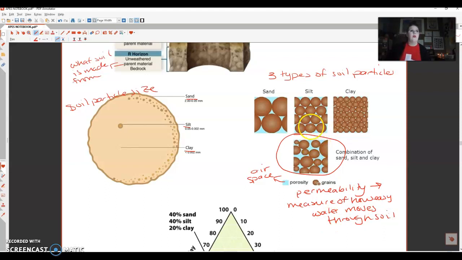Okay, so which one of these is going to have the highest permeability? Sand, right? It's going to allow the most amount of water to go through it. Clay has very low permeability because water can't simply flow through it. So hopefully you guys understand the difference between the sizes of the soil particles and why it's important to have a combination of all three. We want to be able to retain enough water to keep the plants alive, but allow excess water to leave.